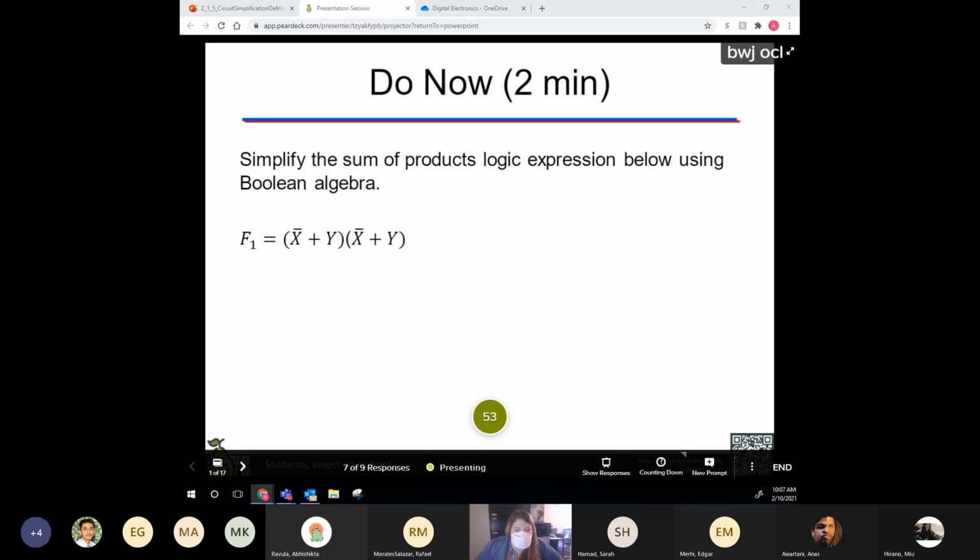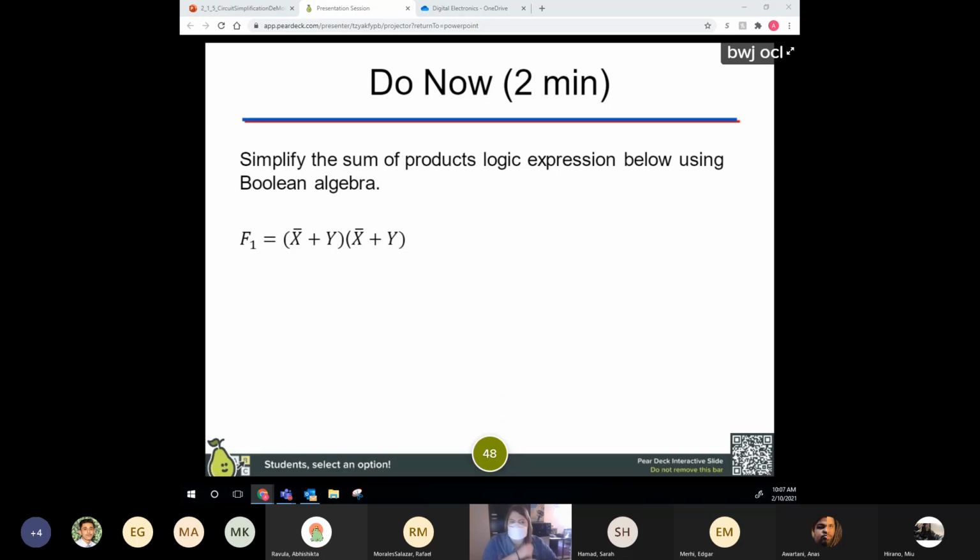Make sure you are in the final reduced form. Make sure you can't factor something out.